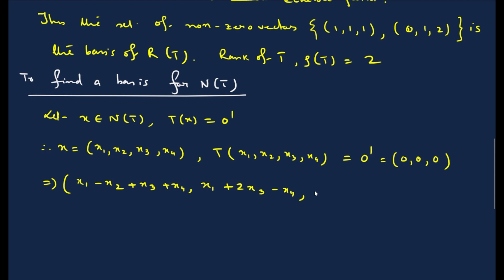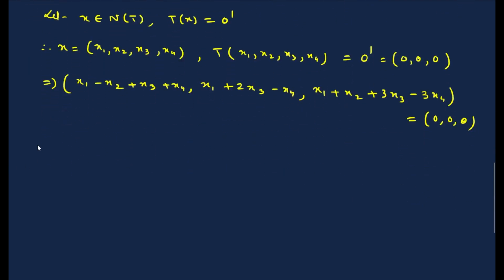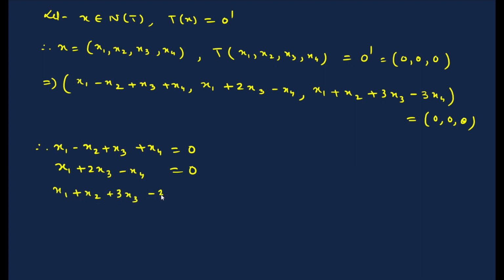And then the last element, x1 plus x2 plus 3x3 minus 3x4, equals 0, 0 and 0. So we have to compare. After comparing, we get 3 equations. First, x1 minus x2 plus x3 plus x4 equals 0. Second, x1 plus 2x3 minus x4 equals 0. And then x1 plus x2 plus x3 minus 3x4 equals 0. So we are getting 3 equations.